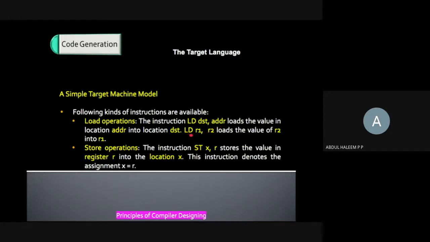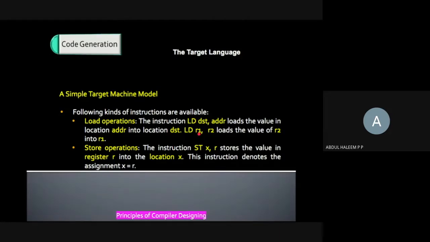Example, LD R1, R2: access R2, take its contents and store it in R1. That is what is meant by load R1, R2. Here in this particular instruction, we are using 2 registers. R2 will be accessed first, its value will be taken and put into R1.